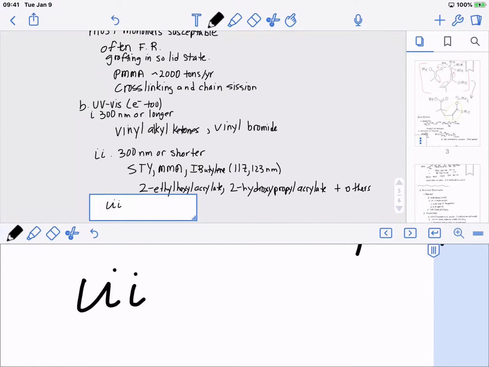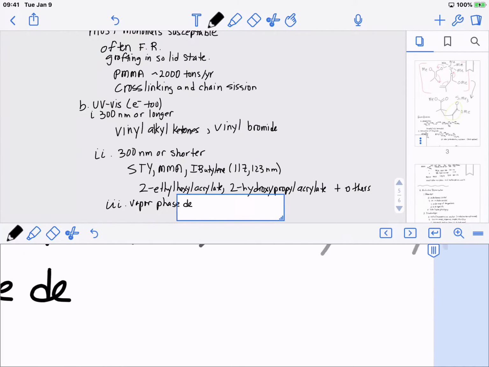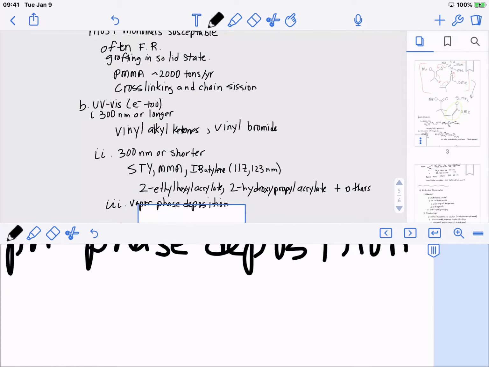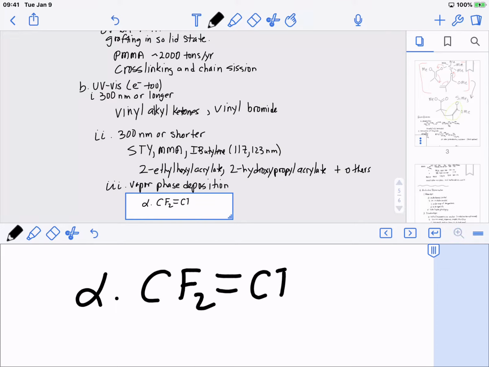You can also do vapor phase deposition. So, for example, you can take tetrafluoroethylene.